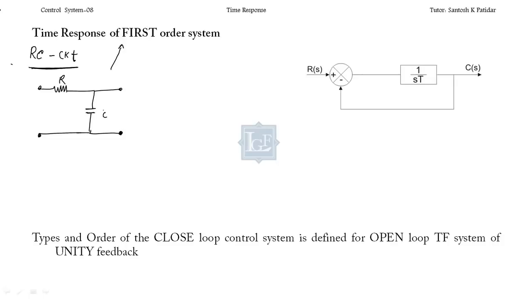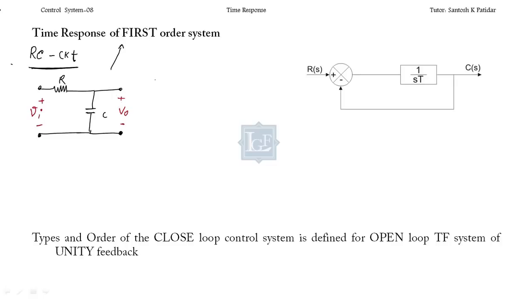I'll find out the transfer function. For the transfer function, let's take the input as Vi, applied over here. I'm checking the output across the capacitor. The transfer function of this circuit will be V0 by Vi(s). Is it okay?